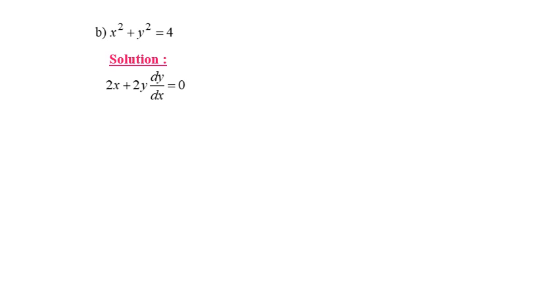So we just straight away differentiate x squared to 2x, differentiate y squared to 2y, and then don't forget we have to multiply with dy/dx because it is y. And then we rearrange. We bring 2x to the right side, so it will be negative 2x over 2y. We can simplify the 2, so the answer is negative x over y.